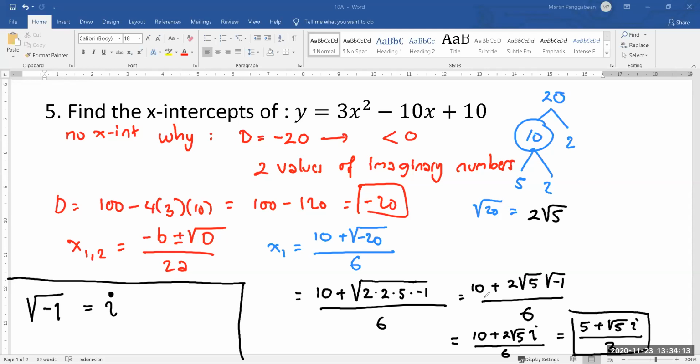This is x1, and this is the thing that you have to practice finding. And since I know x1 equals that, x2, you just change the operation in the middle. x2 will be 5 minus square root of 5 i over 3. This is addition and this one is subtraction. That's all, x1 and x2.